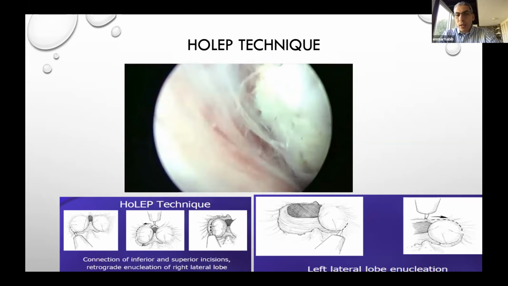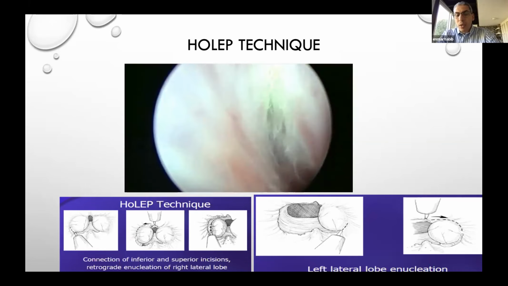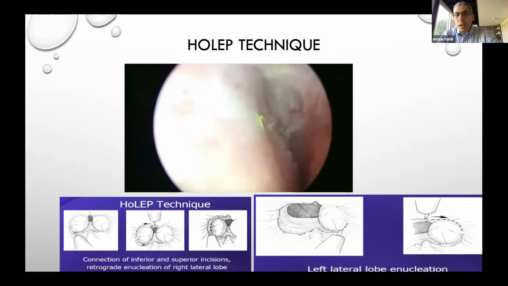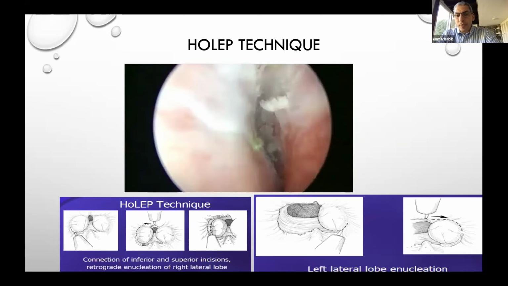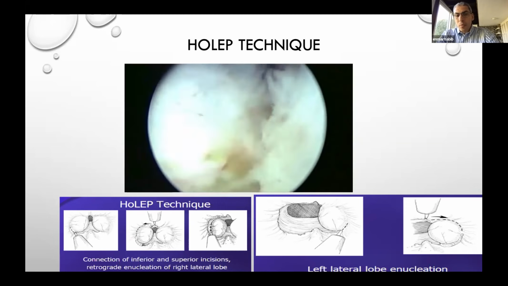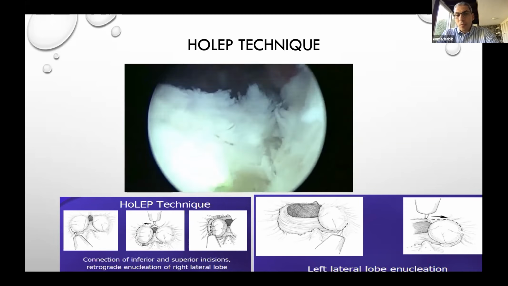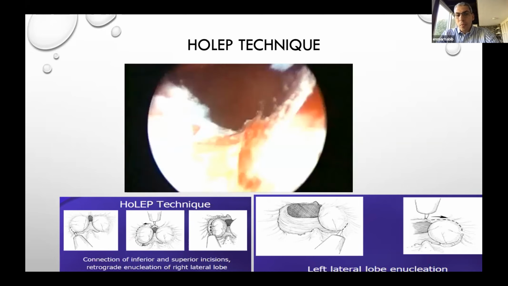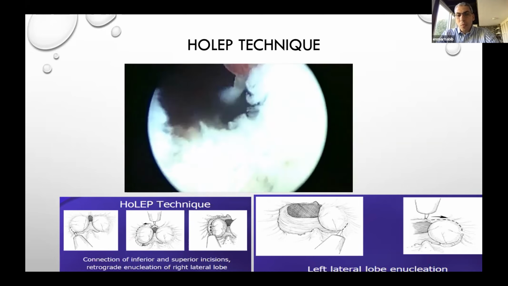Now I am inside the prostatic urethra. I will now proceed to separate the mucus strip attaching the adenoma to the surgical capsule. After that, I'm going to present the width of the anterior commissure. Now I'm cutting the anterior commissure to separate the two lateral lobes from each other.